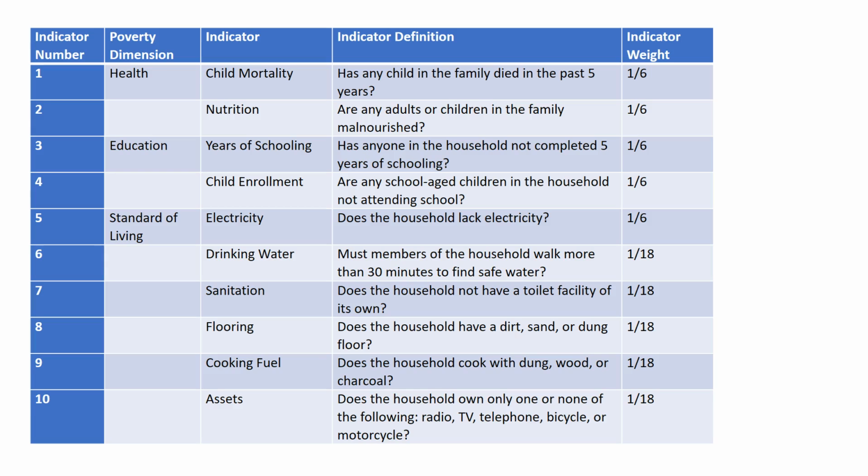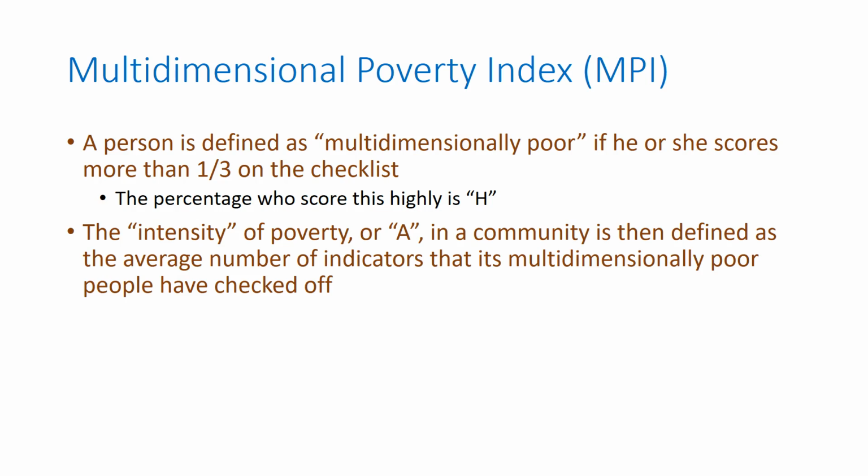All right, so what do we do with this template, this little matrix? Well, a person is defined as being poor in this way, multidimensionally poor, if that person scores more than a third on the checklist. So after adding up all of the things on that matrix, if they score a total of a third or more, then they are poor. Right?